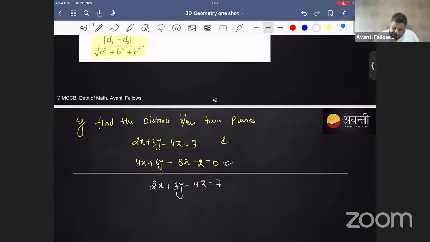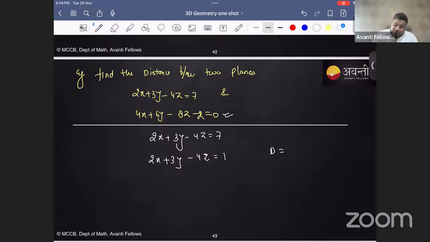Other plane is 2x plus 3y minus 4z equals to, now see, I am going to take this 2 to the right side, 1 after dividing by 2. Because I told you while applying the distance formula, either both constants should be on the right side of equality or both should be on the left side of equality.